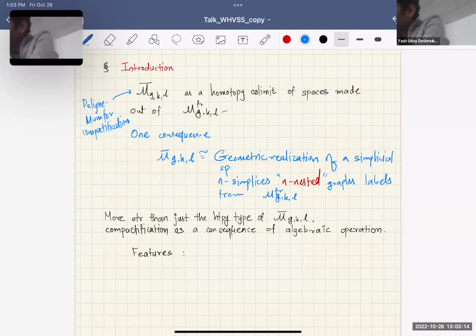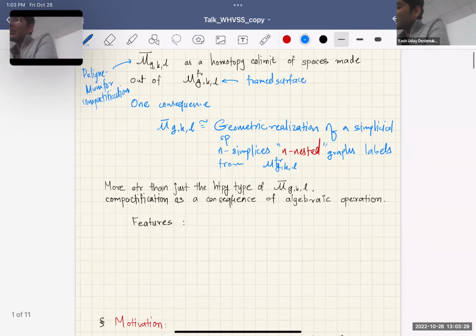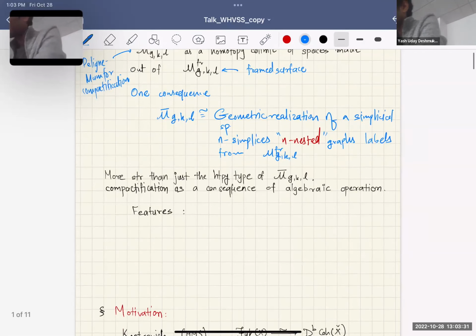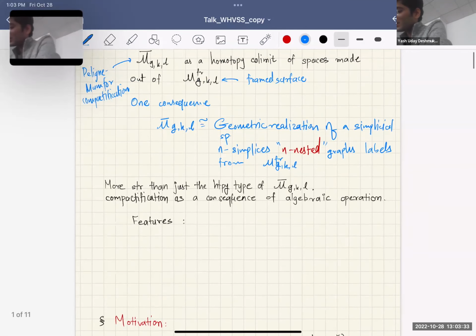And this M frame GKL, these are framed surfaces. So I'm going to think of them as surfaces which have input boundaries and output boundaries, and all the boundaries are supposed to carry some parameterization, but these things will become clear. At some point, I will say precisely what the moduli spaces are. This is just to orient where we are going.